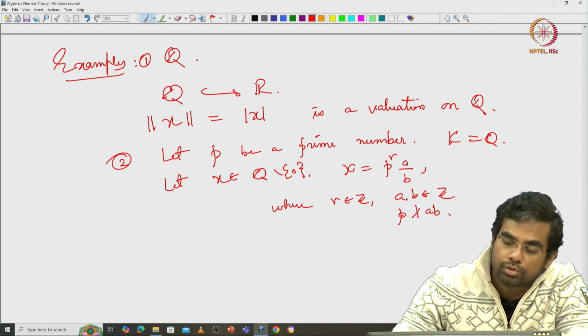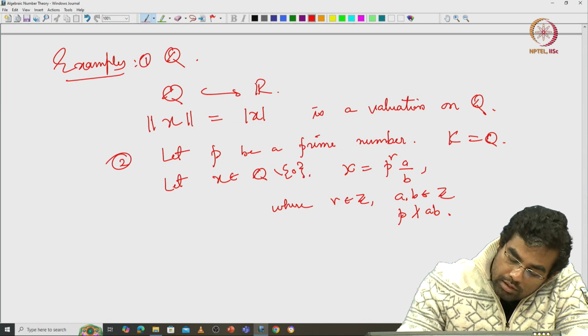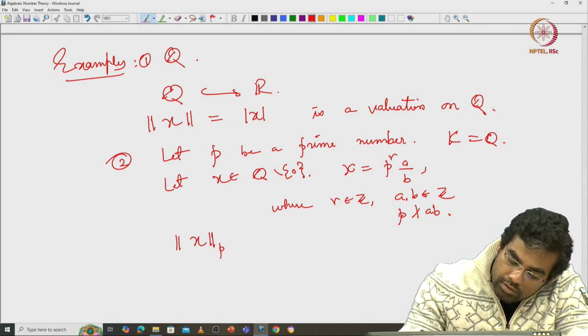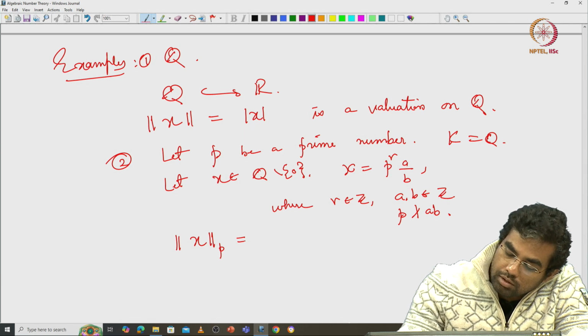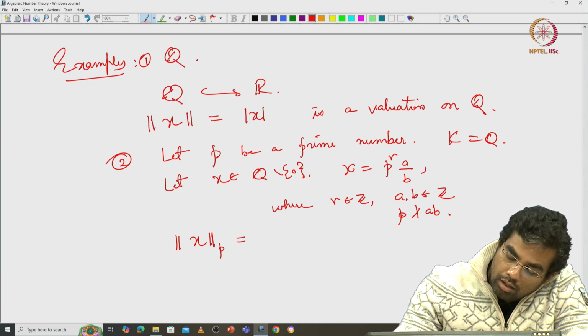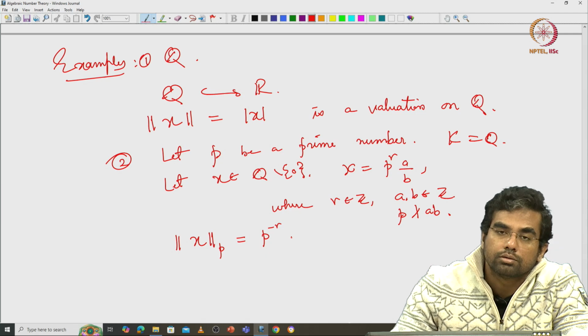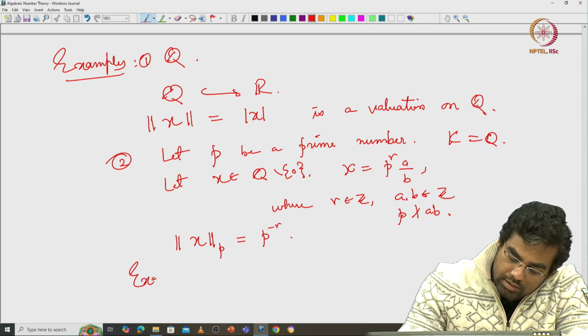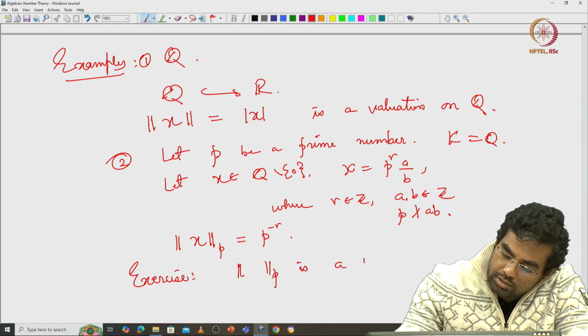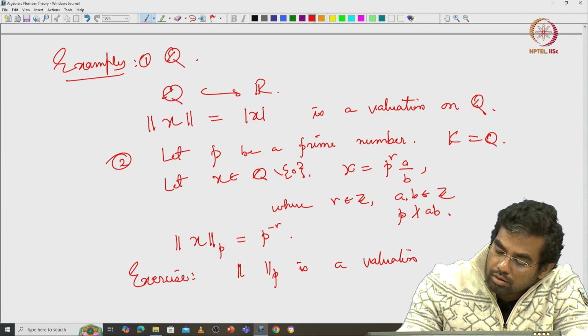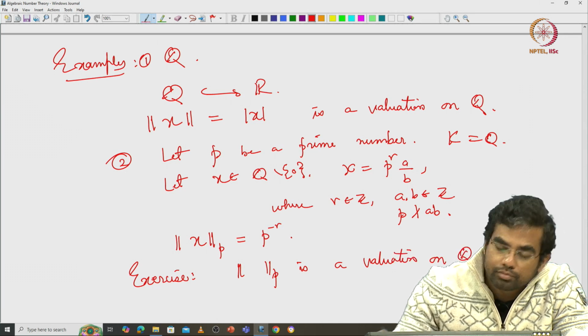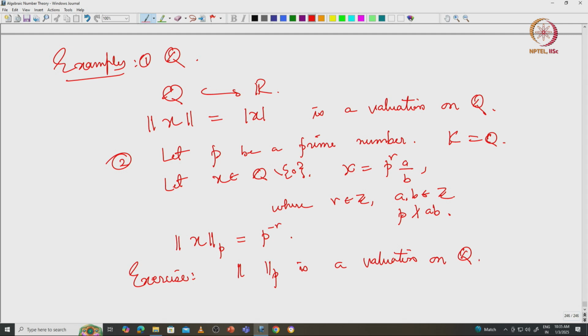You can always do this, and then you define the p-adic valuation of x to be p to the minus r. Here is an exercise: show that this is a valuation on Q. This is called the p-adic valuation.